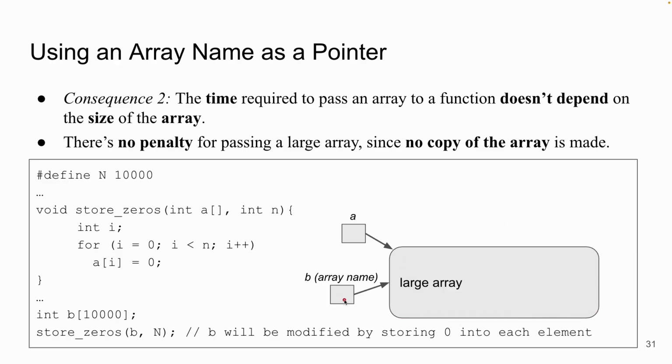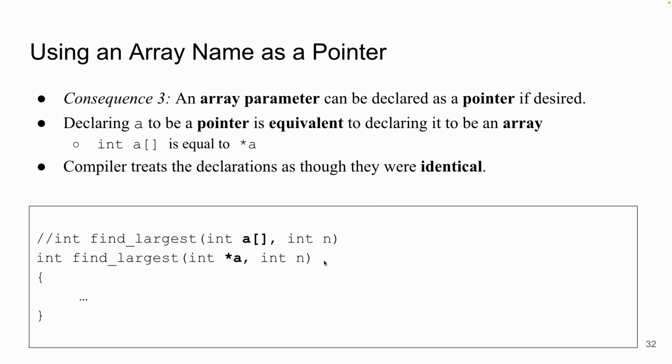So you just pass the address to the store 0 function, and you have the parameter A. You let the parameter A, the name of the array, point to the first element of the B array. So that is, I would say, one of the benefits of using the array name as a pointer.